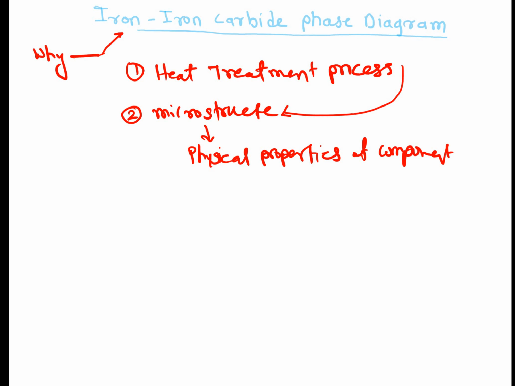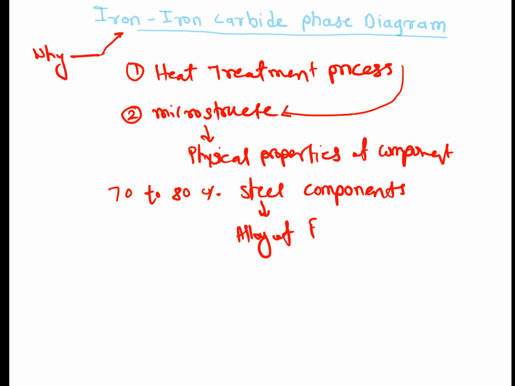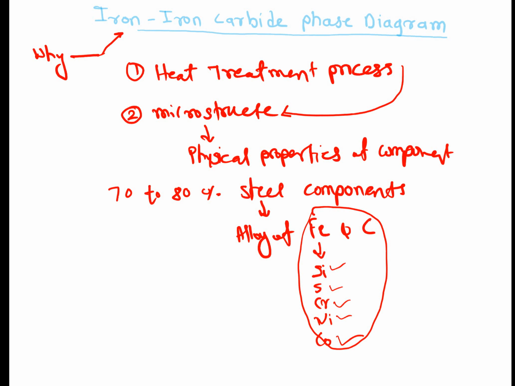Now, second question: why iron-carbide? We are using almost 70 to 80% steel components, and steel is an alloy of iron and carbon, along with other alloying elements like silicon, sulfur, chromium, nickel, cobalt, etc. But considering all these elements at a time and representing them on a phase diagram is very complicated and extremely difficult to understand.